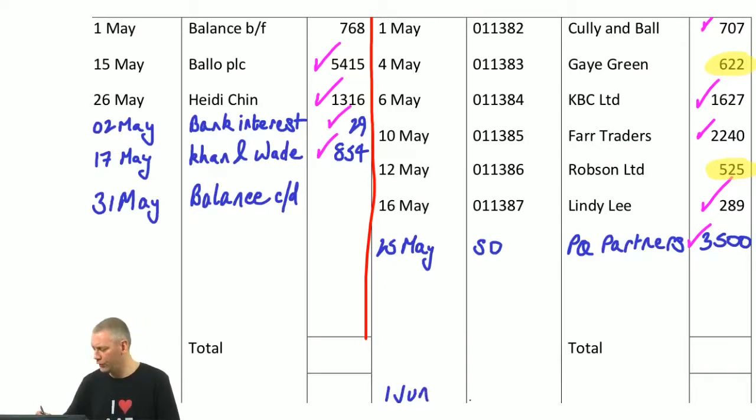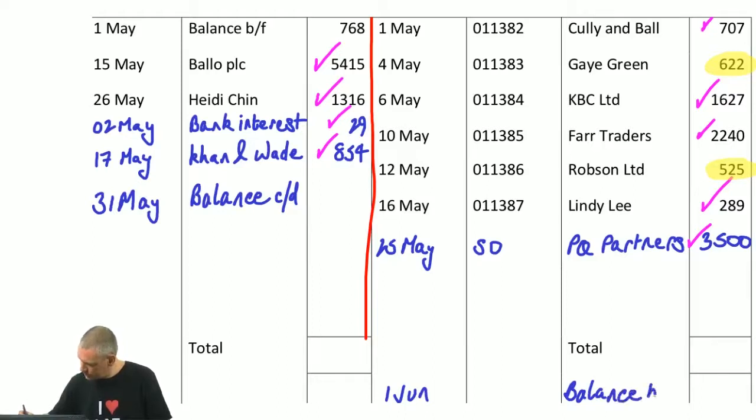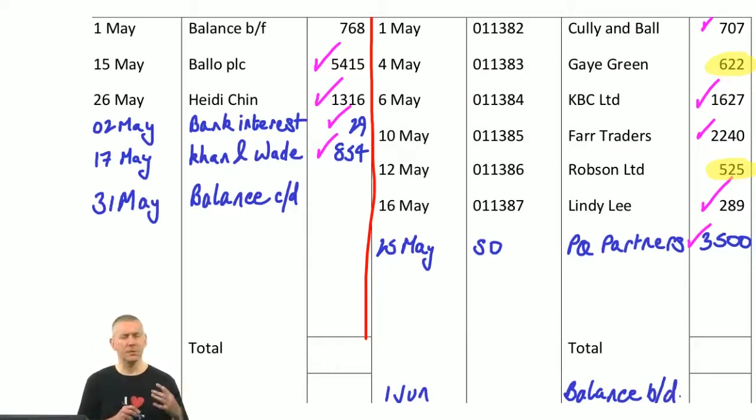June, 1st of June. Balance. We got that right? No, it should be over here, shouldn't it? Balance brought down, and I'll talk briefly about the politics of the blue writing in just a moment.